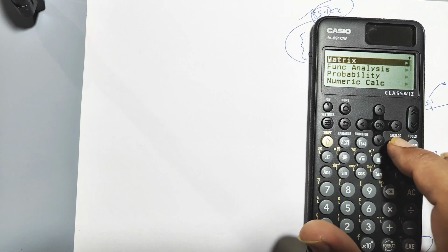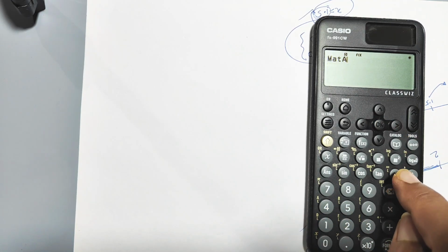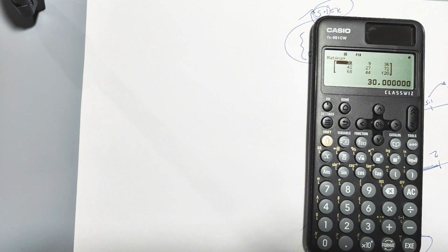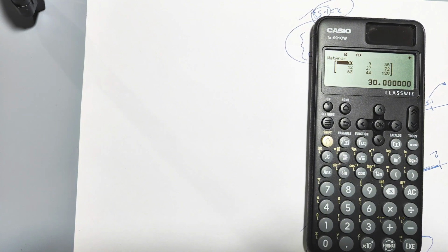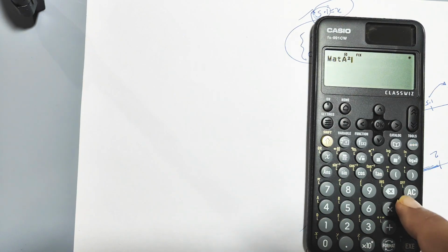And if you select matrix A and you press this button, it shows the square of the matrix. You can find the square of the matrix. And come back, erase this, you can find A cube. How do you find A cube?